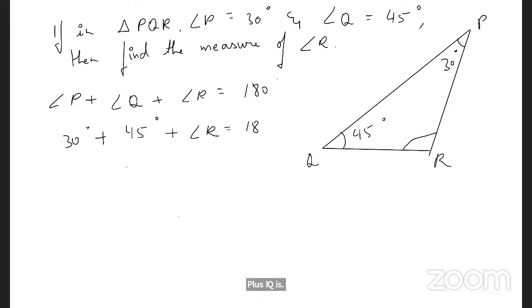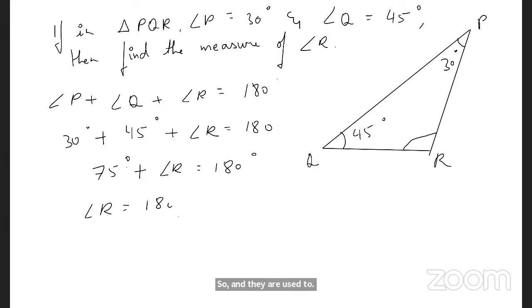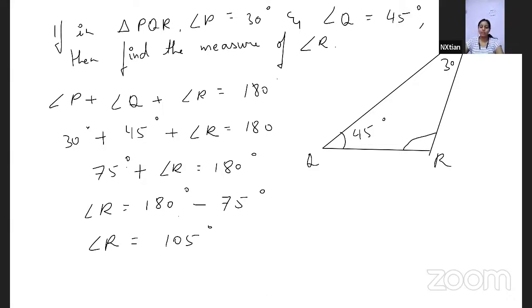So we can sum 30 and 45. 75 degrees plus angle R equals 180. So angle R equals 180 degrees minus 75 degrees. 105. So this question is clear to you guys?